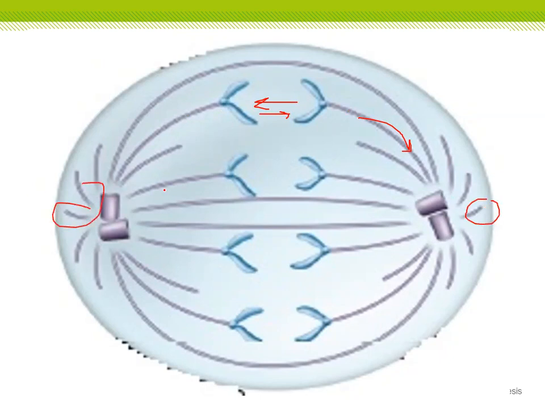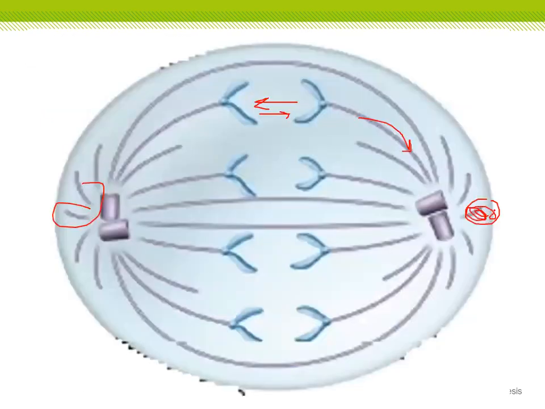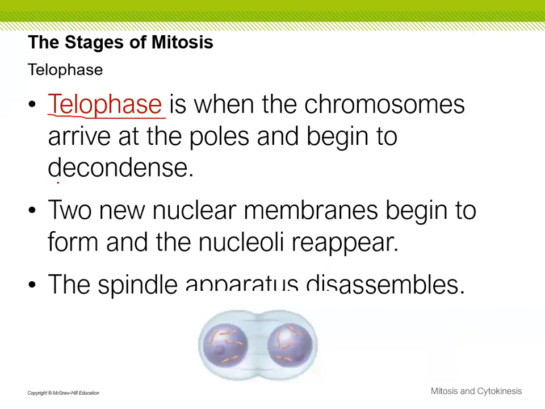And so finally, we are at our last phase, and this is where it's really going to show the difference between mitosis and cytokinesis. If you look at the cell here, it's just about to rip apart. It's at the most tension you can possibly get. Just a little bit more, and it'll split. We are at the final phase here, which is telophase. This is when those chromosomes have reached the poles, and now they decondense.